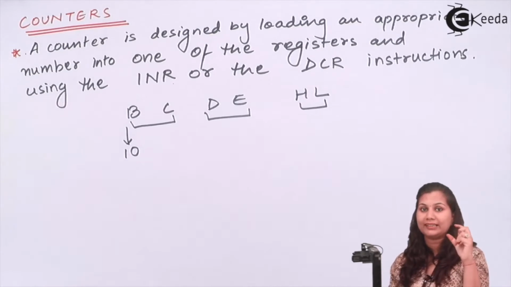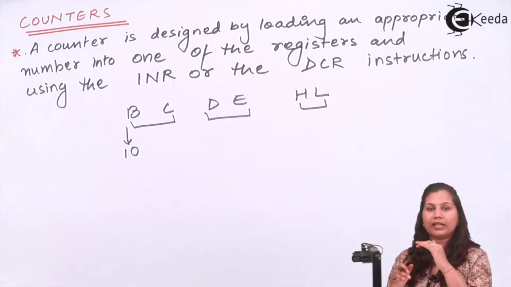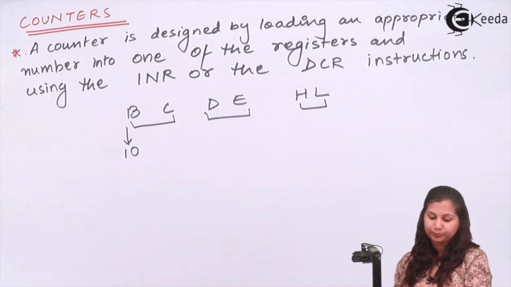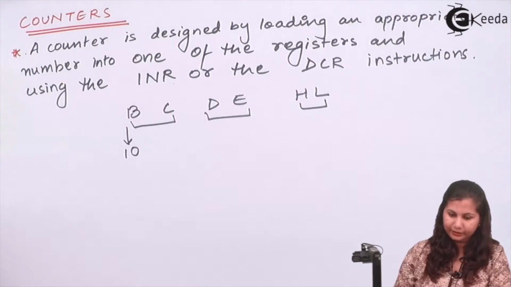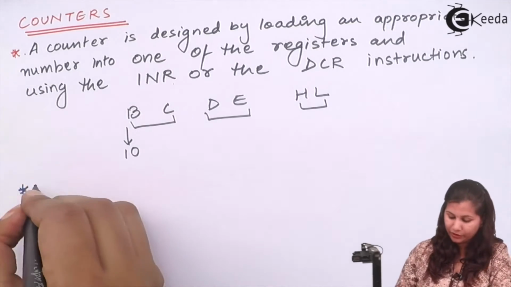So you can see that the addition of the numbers has been performed 10 times. So using increment and decrement instructions, we can have the counters, and we can set up a loop also. So using the counters, a loop has been established.